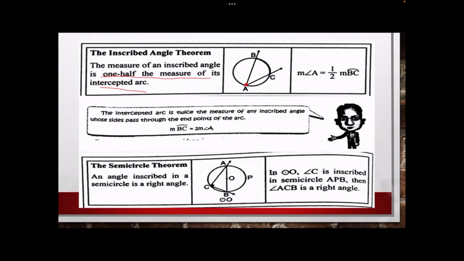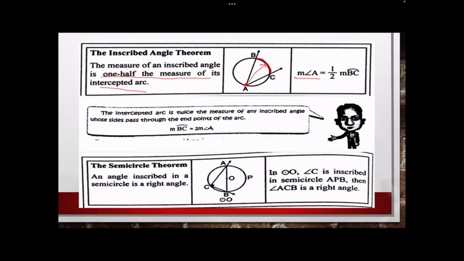So the measure of angle A is equal to 1/2. Ano yung intercepted arc? Yung nasa harap ng letter A, which is arc BC. So, 1/2 the measure of the arc BC.